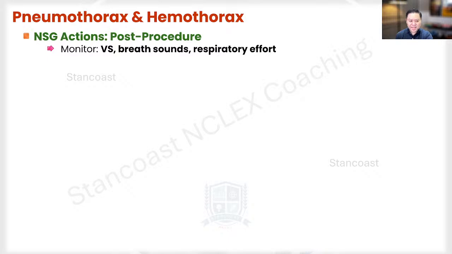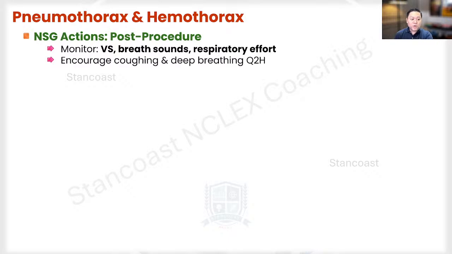And so what you're going to expect before the procedure was done is diminished breath sounds, right? So after the procedure has been done, then probably you're going to be hearing more breath sounds, probably more movement of gases or air. And so you're probably going to hear that more often. And so you have to update the medical provider if there is worsening in the diminished breath sounds.